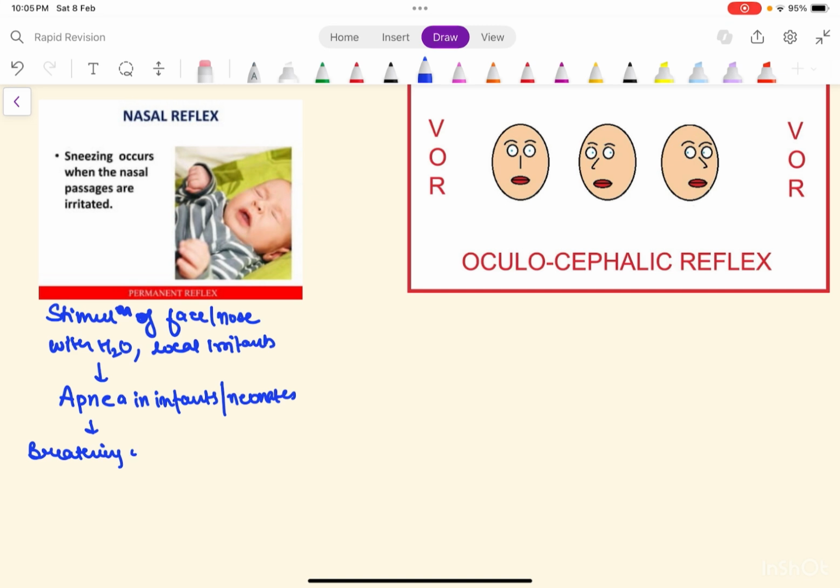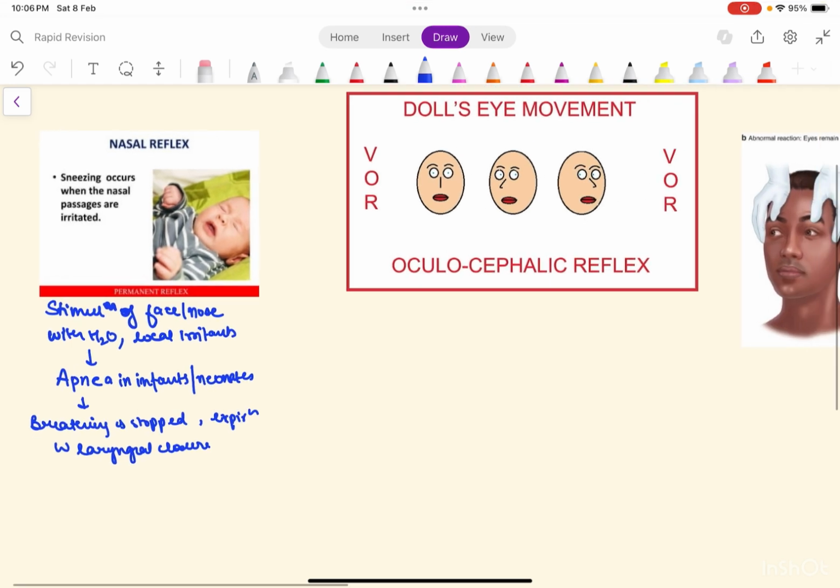So the breathing is stopped, and expiration with laryngeal closure.